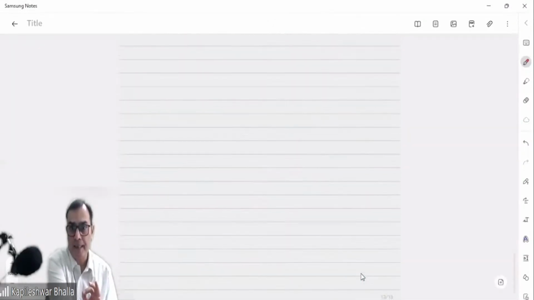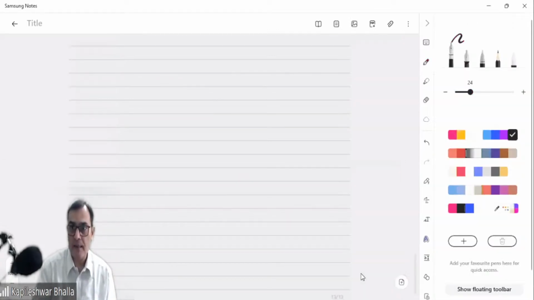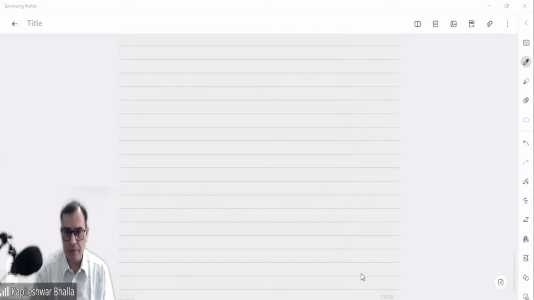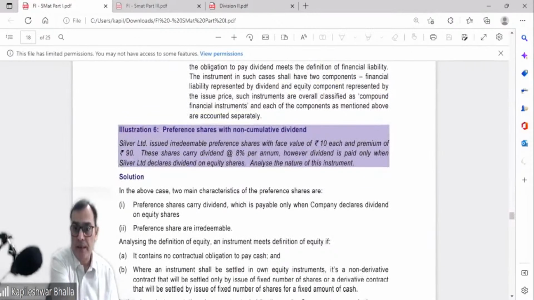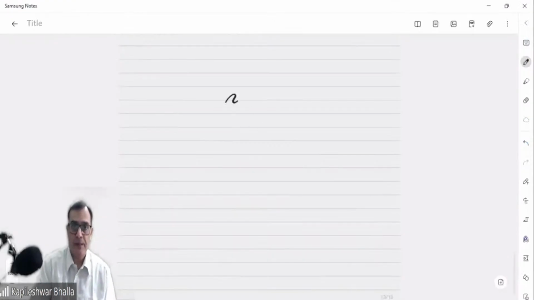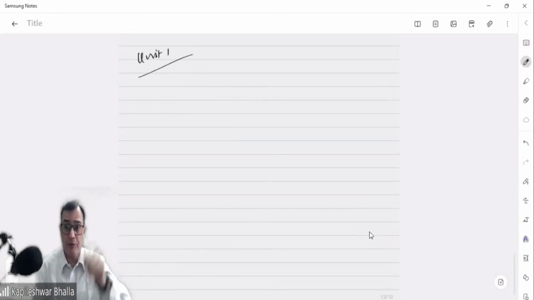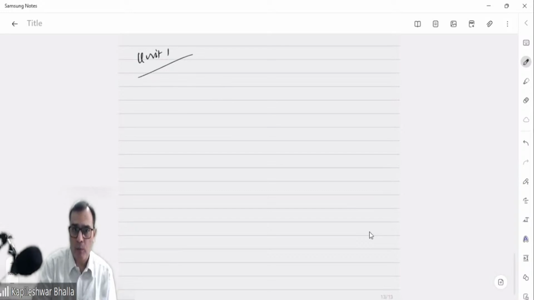This is illustration number 6, in unit number 1. So this is the study material in unit number 1. Earlier, I did the illustration in unit number 3. So this is unit number 1, illustration number 6.